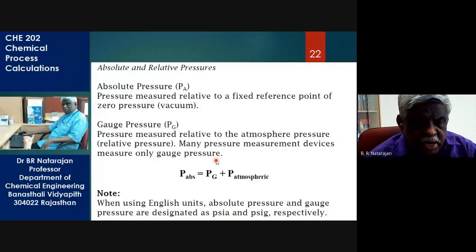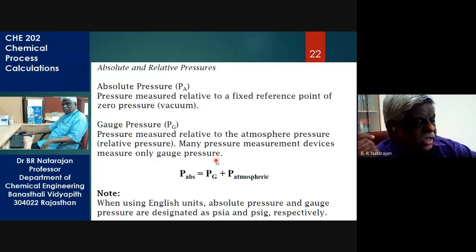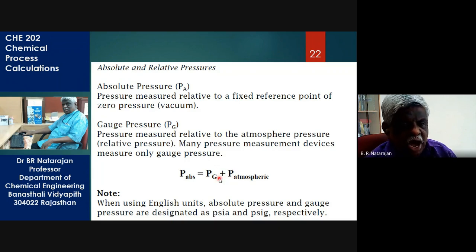So the relation is: P absolute is equal to gauge pressure plus atmospheric pressure. So gauge plus atmospheric is absolute.